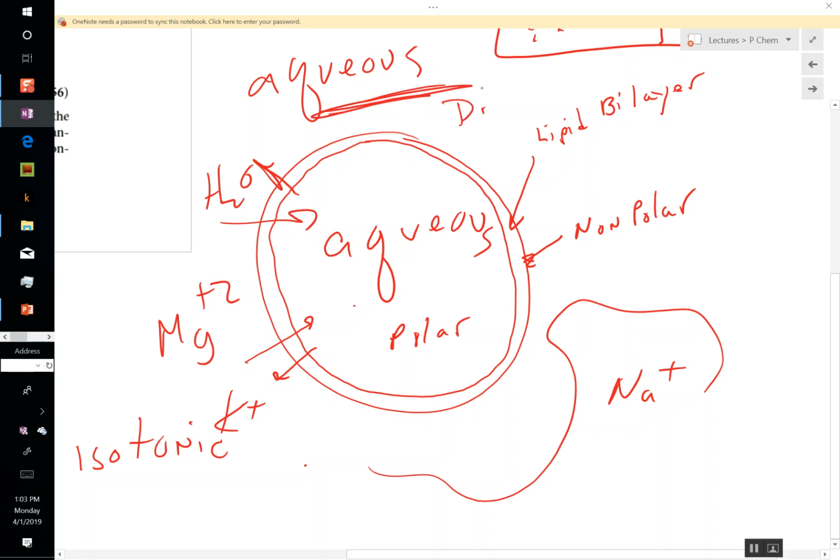This would become dilute. And which way is the water going to go? So now we've got a hypotonic situation. So water's going to go in to raise the concentration on the outside, and what happens? The cell bursts and dies.